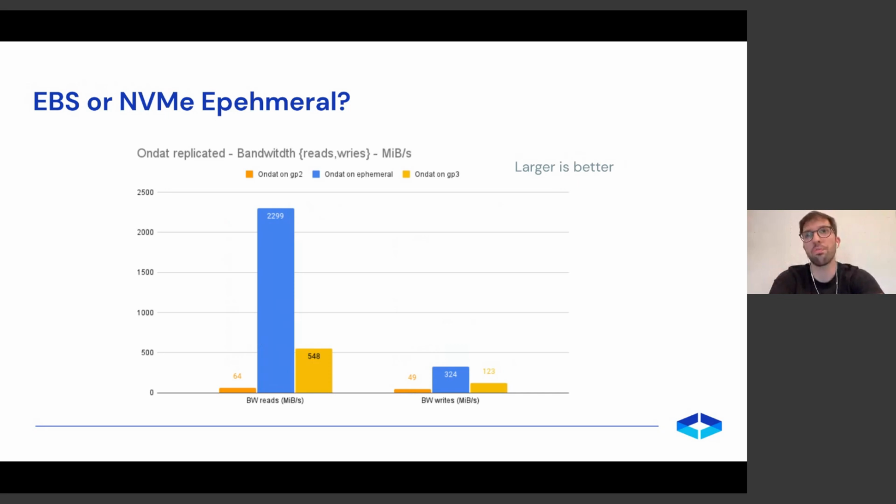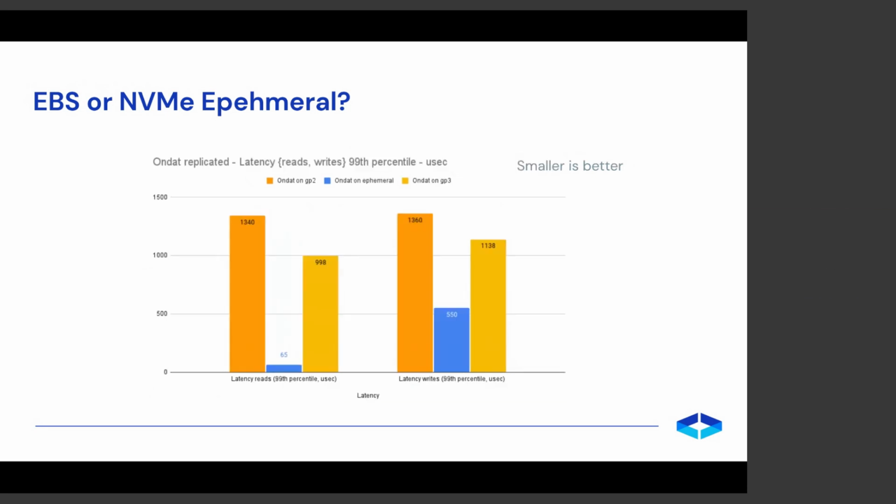Even though they are local, they are not full on just for your VM, which actually is fairly reasonable. And if we check the latency, what we can see here is the biggest differentiator, which is how long it takes to do actually one read or one write.